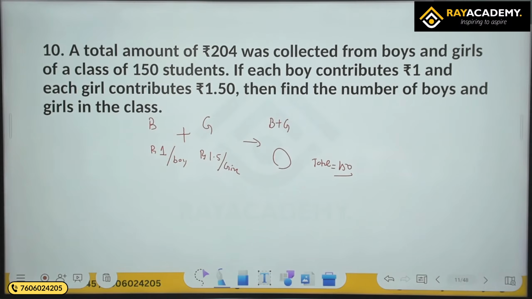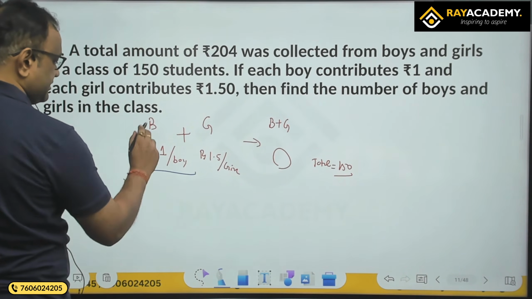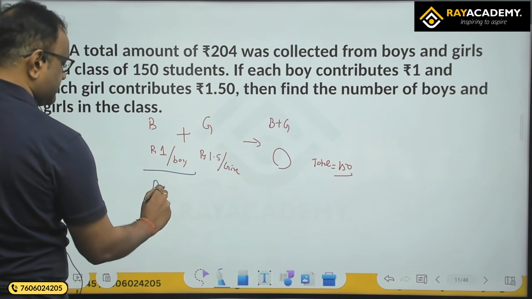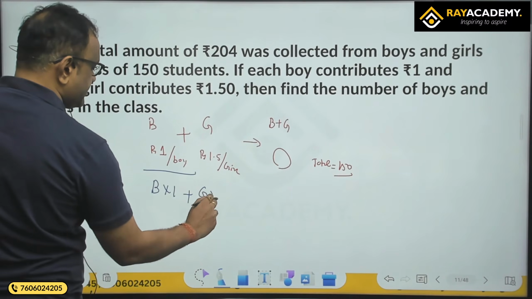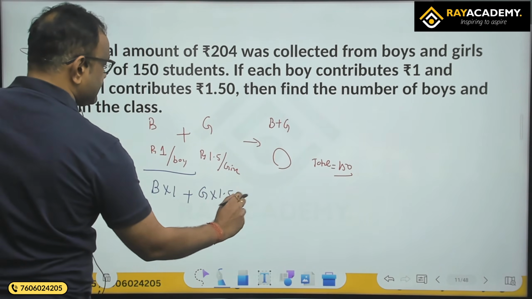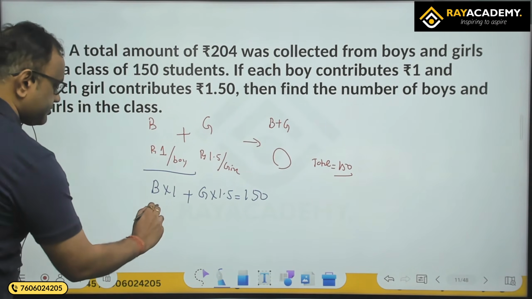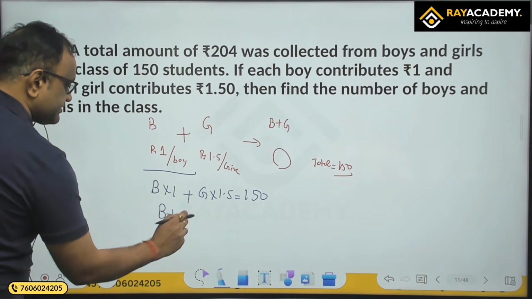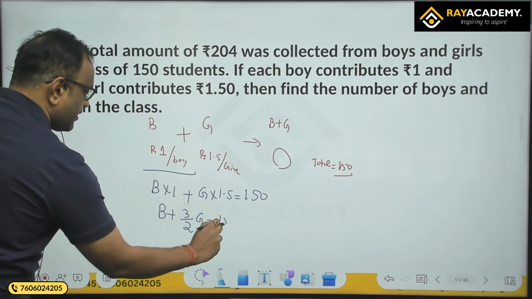So the total contribution by B boys is B into 1. The total contribution by girls is G into 1.5, and this is equal to 150. So B plus 1.5, that is 3 by 2 G, equal to 150.